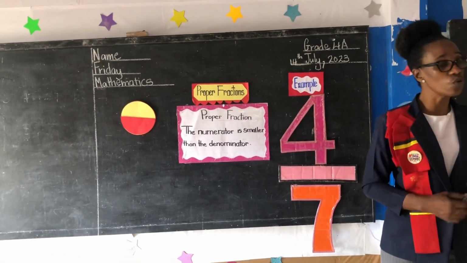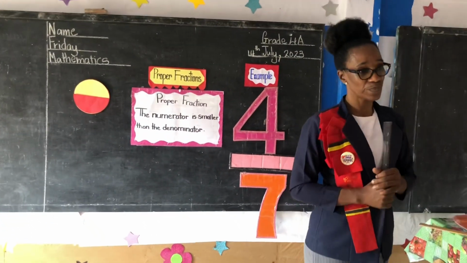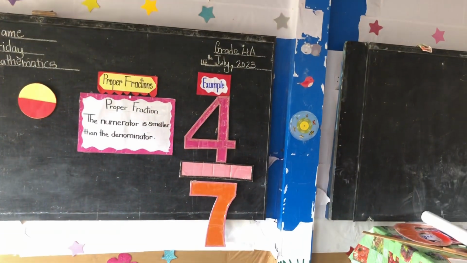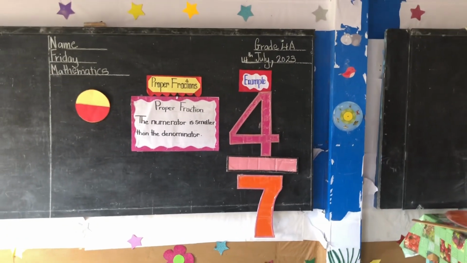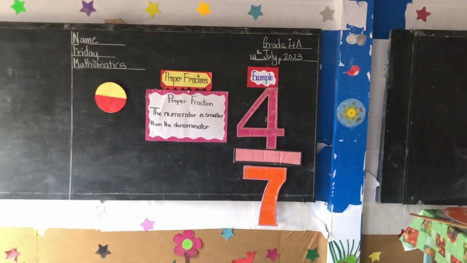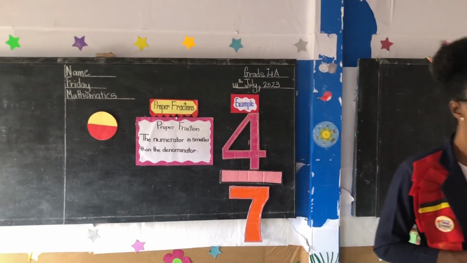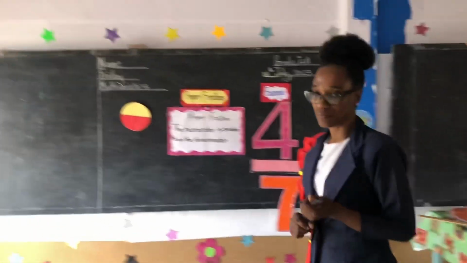Okay, so I want you, boys and girls, to give me some examples of proper fraction. I'm listening. Each group I want to participate. I'm starting with group C. Give me a representation of a proper fraction. Correct. 2 over 4. That's correct. Group B now. 4 over 6. Thank you. That's correct.